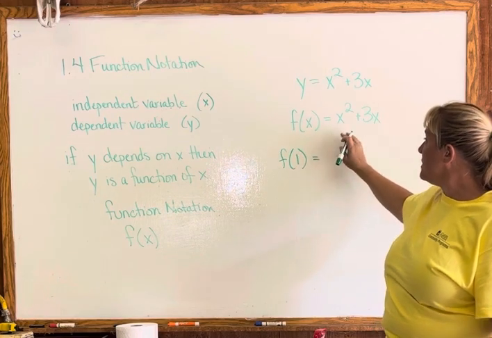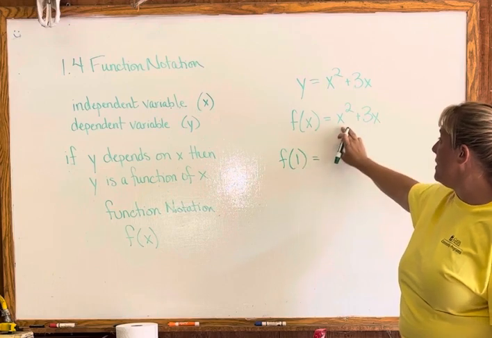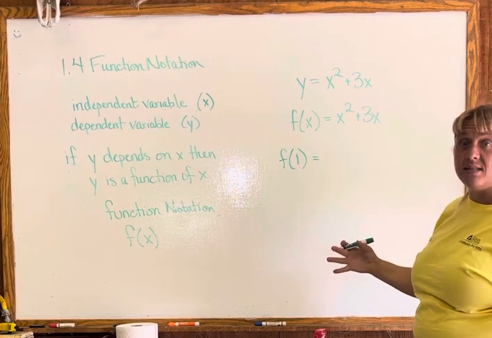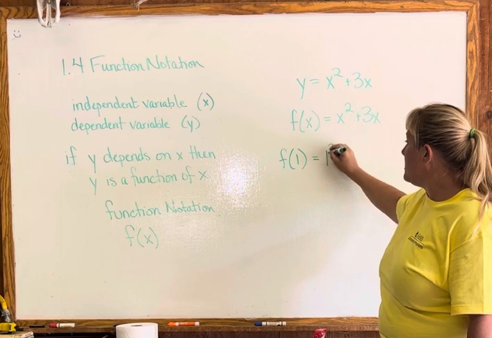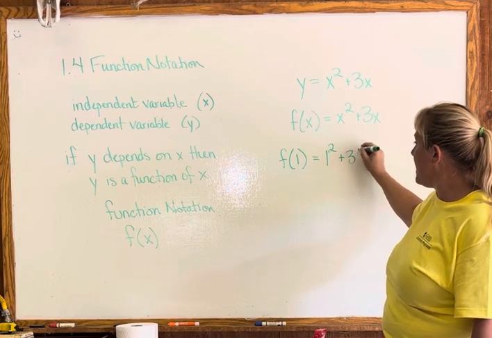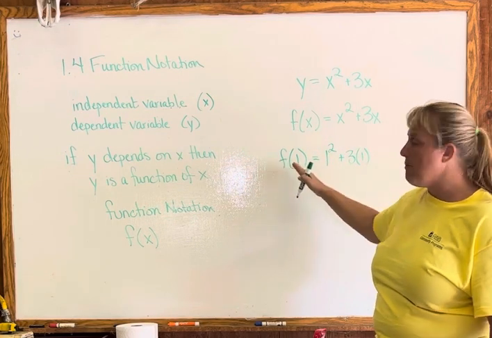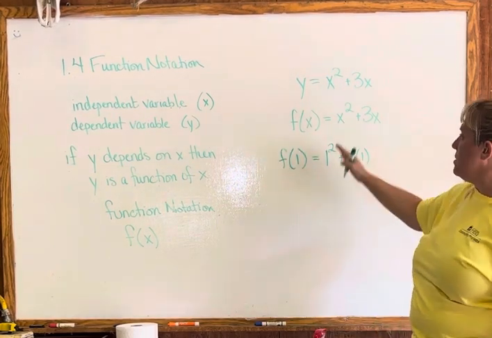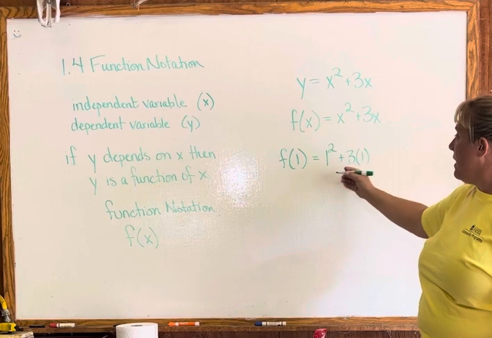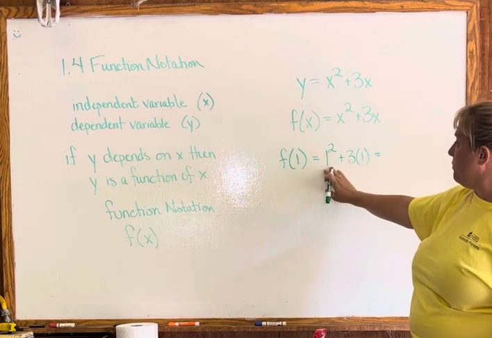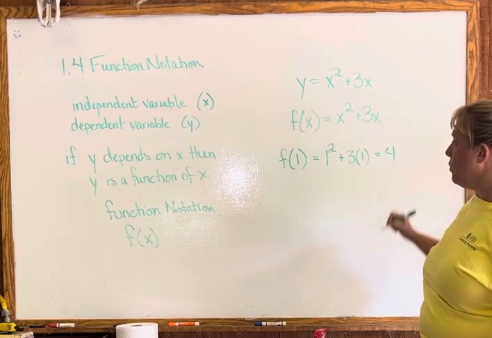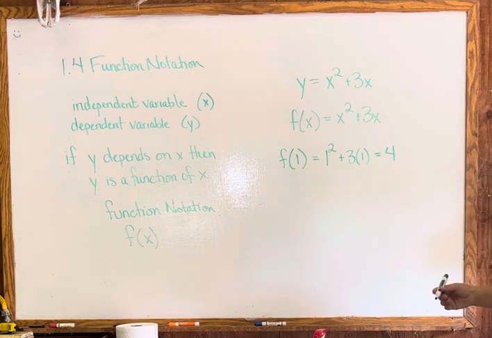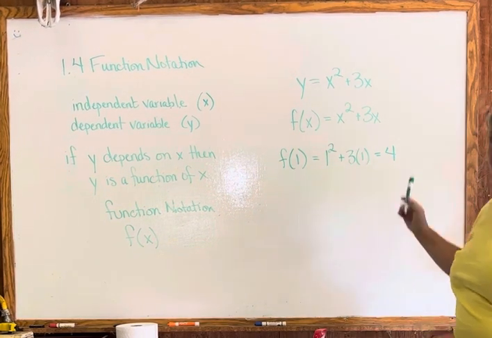And what that tells me to do is to take 1 and plug it in everywhere where we see an x. So we'll go 1 squared plus 3 times 1. Okay, so this is not multiplication. It's telling us to do a substitution. So we're substituting in 1. And then if we simplify there, we'll have 1 plus 3, which is 4. So f of 1 is equal to 4.